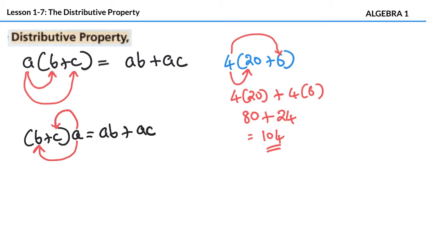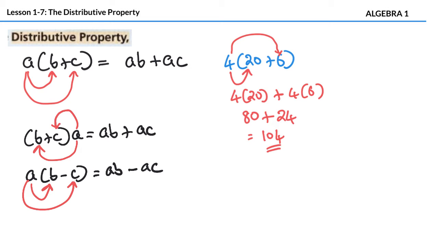The same applies to subtraction. A times (B minus C). How will you distribute it? A times B, that's going to be AB, minus A times C, and that's going to be AC.